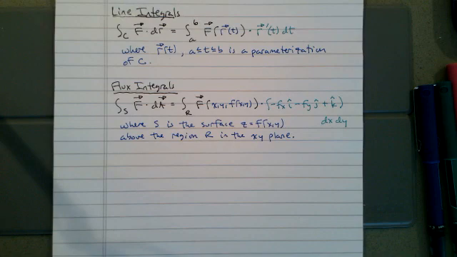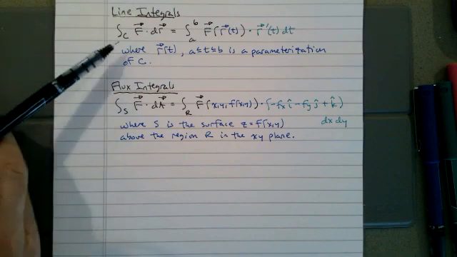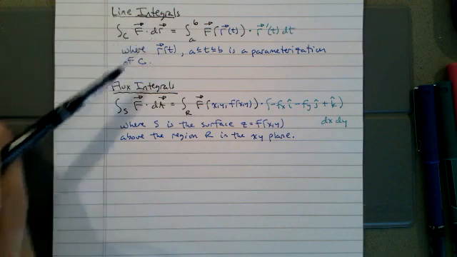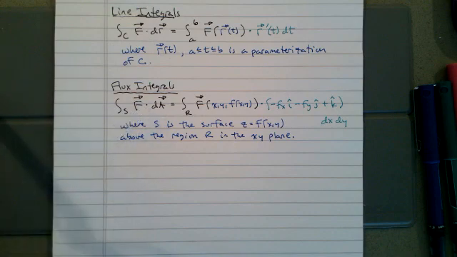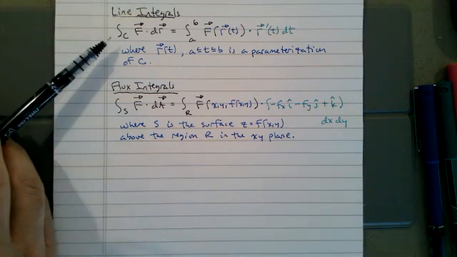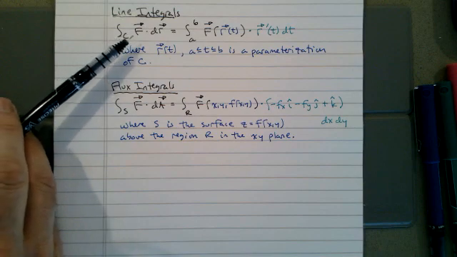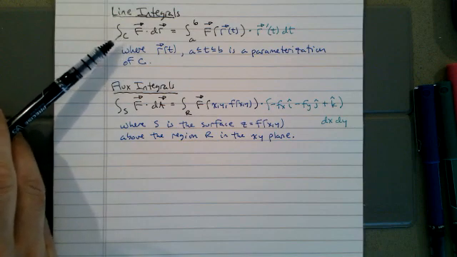Then we have to talk about how we actually make these go, because these are generic statements. Integrate the vector field dot dr, integrate the vector field dot dA. We have to describe the curve and the surface in a way that the integral will understand. In the case of line integrals, that means parameterizing the curve and then evaluating the function at all the points on that curve.